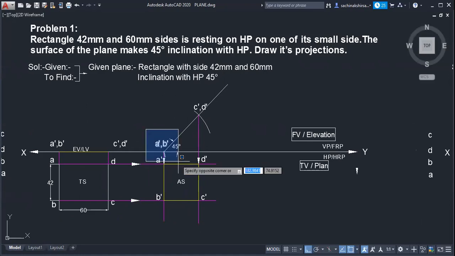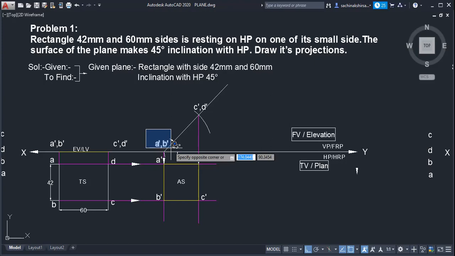Irrespective of giving inclination, that AB side remains on HP or on the XY line. That was a condition, which is why we drew AB towards the left-hand side. So AB always should remain on the XY line.